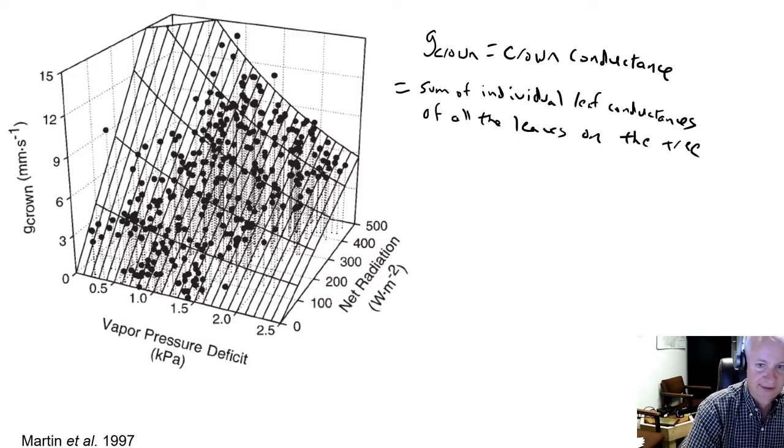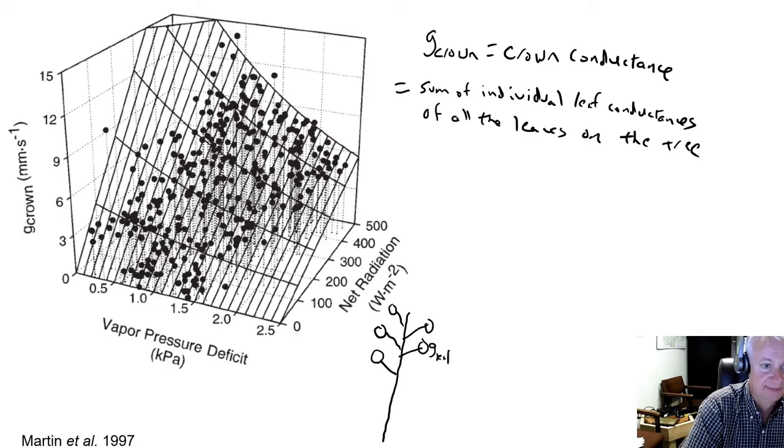So, hopefully you looked at the optional lecture that showed how the mathematics of all this works. But if you have a tree, and this is a simplified tree with a few leaves on it, each of those leaves has some leaf conductance, which is just the inverse of the leaf resistance that we've talked about.